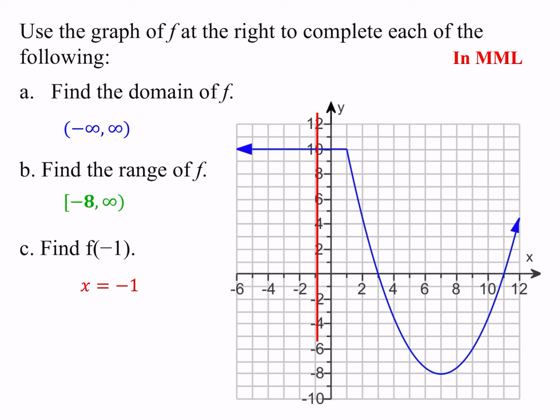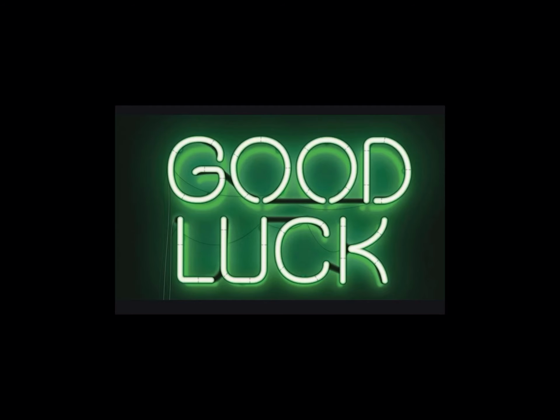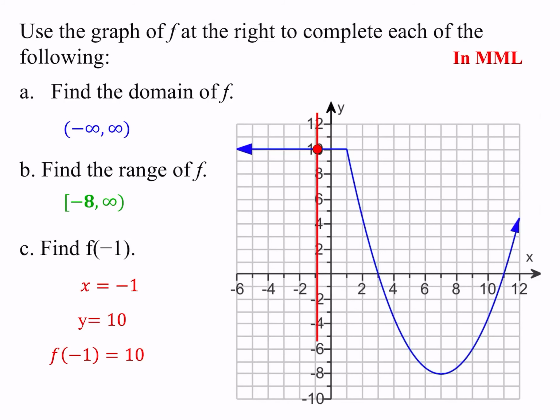Take your x value of -1 up or down till it touches the graph. What's your y value? So f of -1 equals 10. We could also write it as an ordered pair, -1, comma 10. You just have to look and see how they want you to put the answer in.